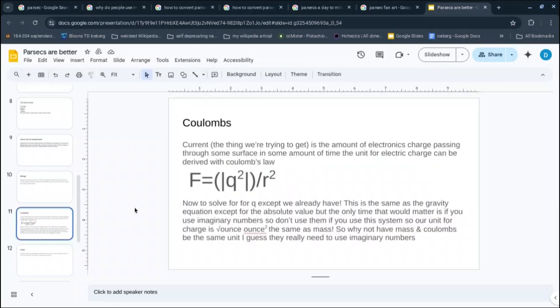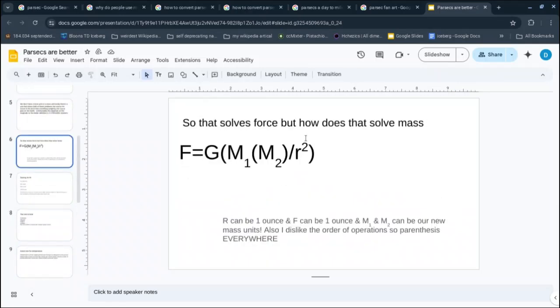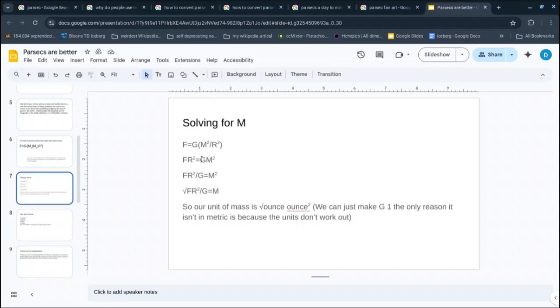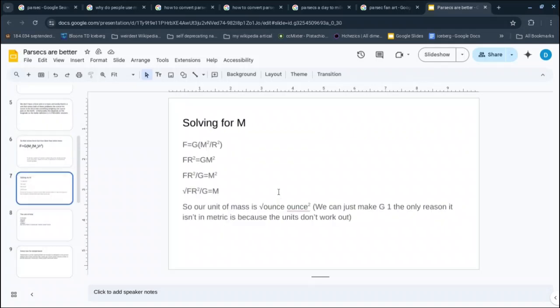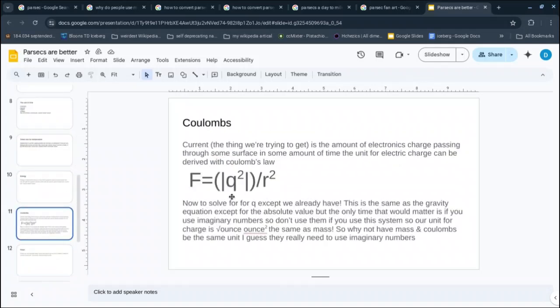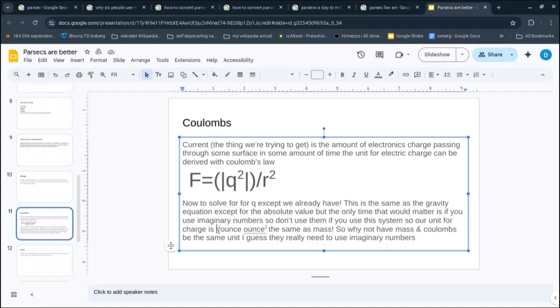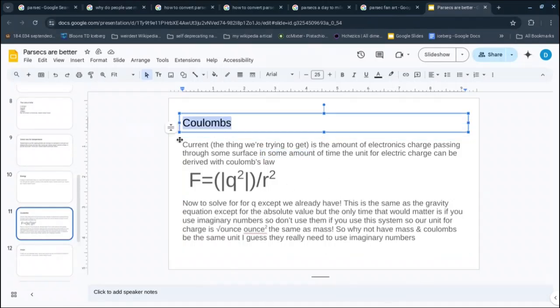Which, if you remember, is very similar to this, which we simplified into M squared because we're assuming both M's are the same. So we've already done that, so it's the same units for mass, the square root ounce squared. So why not just use the square root ounce squared for all of the things related to coulombs?